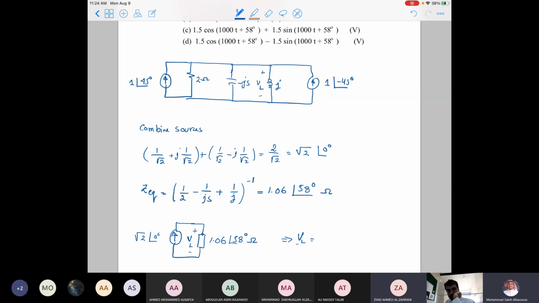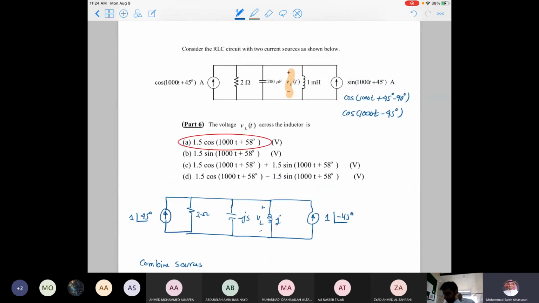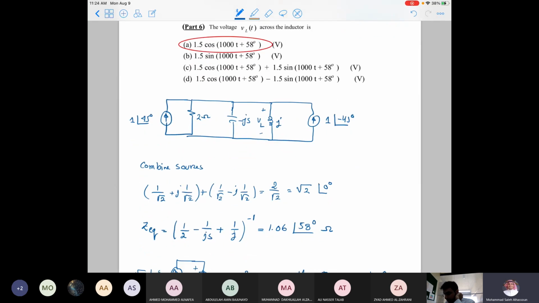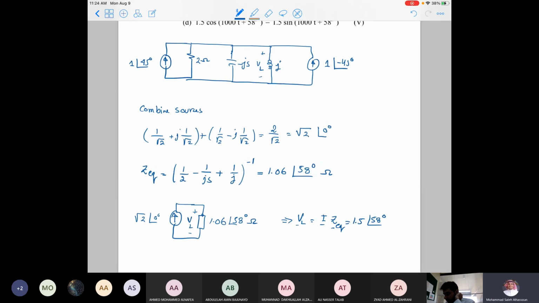Z divided by Z multiplied by I, which is 1.5, and the angle is 58. Here you are asked to find the steady state current and the steady state voltage. So what you need to do is go back and use the inverse phasor transform.